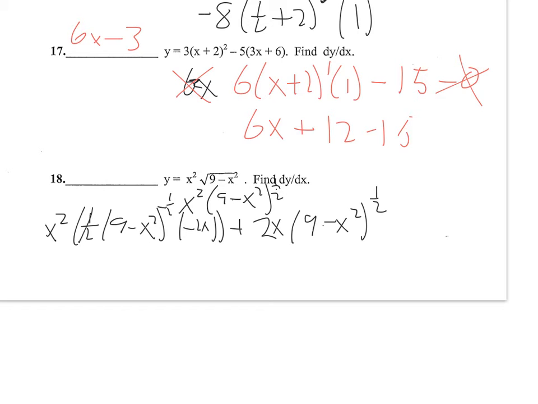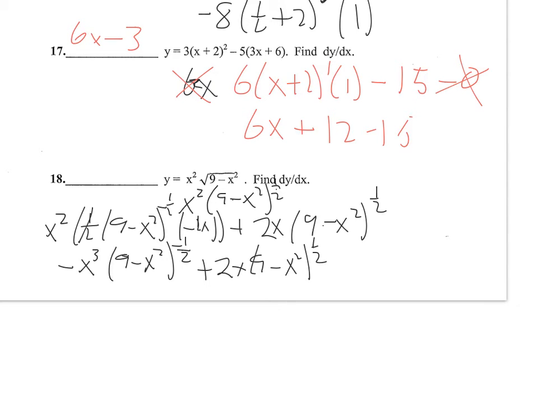Okay, this half cancels that and makes that a negative x cubed times (9 minus x squared) to the negative 1/2 power, plus 2x times (9 minus x squared) to the 1/2 power.